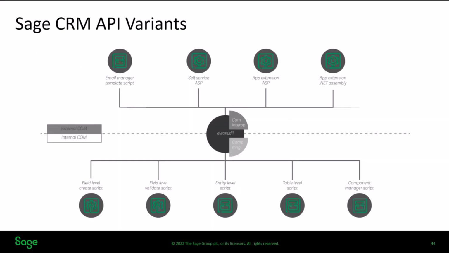And because the script is fired at different places, a create script is executed on the server as the screen is being generated to be displayed, so you can understand that the objects within the server are going to be different from being in the browser.